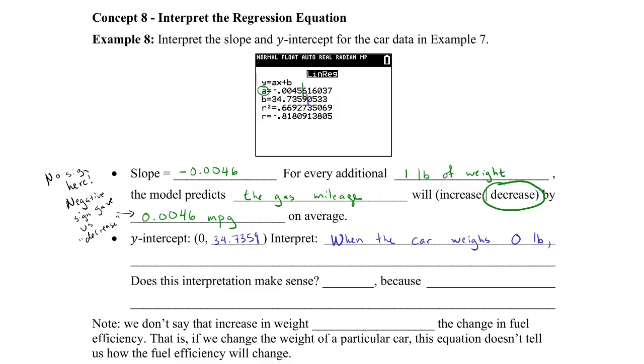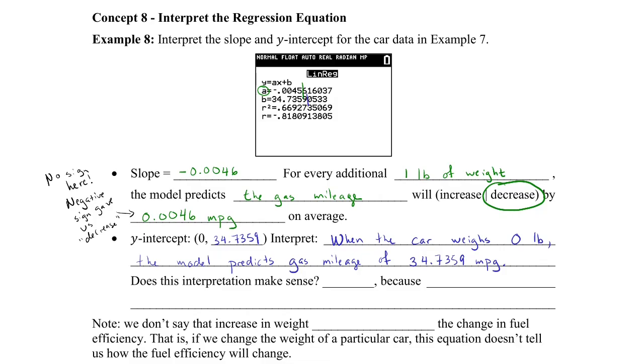When the car weighs 0 pounds, okay, that sounds weird, but let's finish the sentence. The model predicts, because we're still talking about what the model does, a y value of 34.7359. So the y value is the gas mileage. So the model predicts gas mileage of 34.7359 miles per gallon.